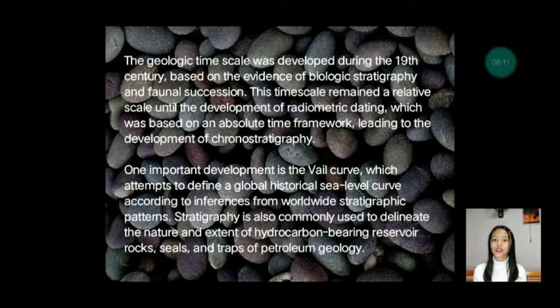One important development is the Vail curve, which attempts to define a global historical sea level curve according to inferences from worldwide stratigraphic patterns. Stratigraphy is also commonly used to delineate the nature and extent of hydrocarbon-bearing reservoir rocks, seals, and traps of petroleum geology.